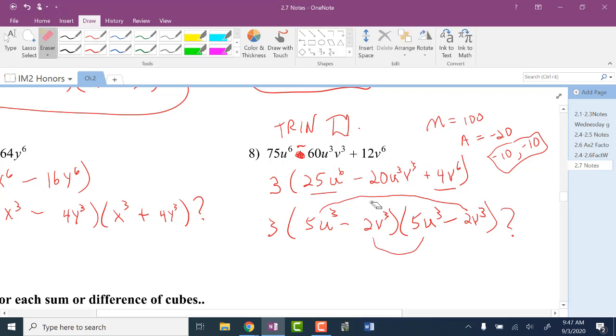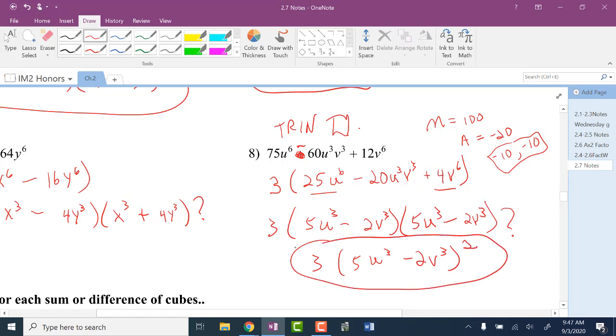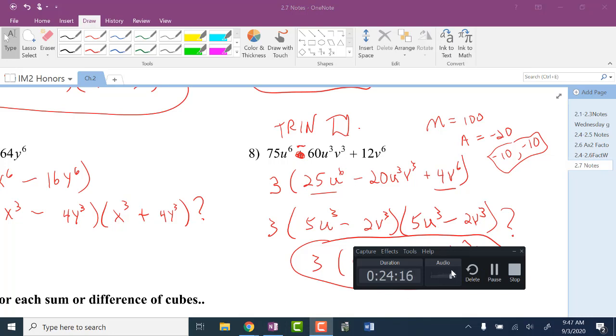Boom. Shakalaka. Do write it like this at the end then: 3 times 5u to the 3rd minus 2v to the 3rd quantity squared, because it is a binomial square when you're done. Whew, one more deep breath.